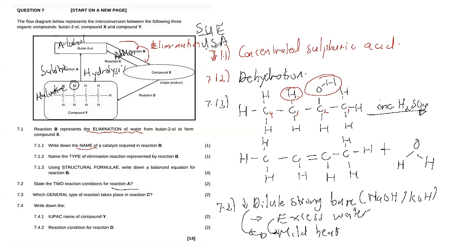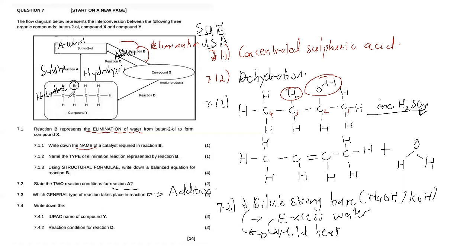So we can tell from this that the addition reaction is just the reverse of an elimination reaction. So the general type of reaction that takes place in reaction C is addition. So that's an addition reaction.